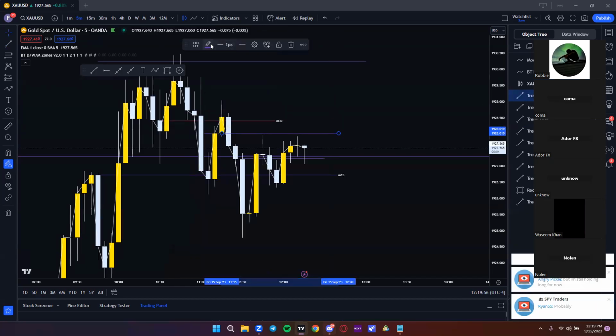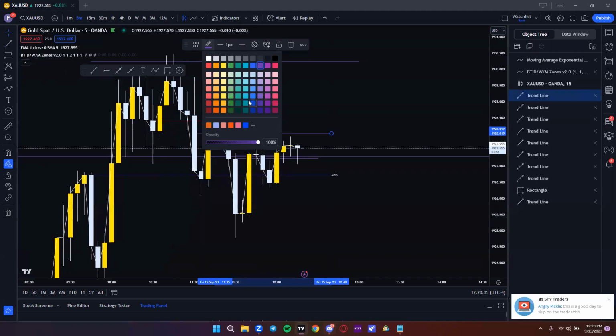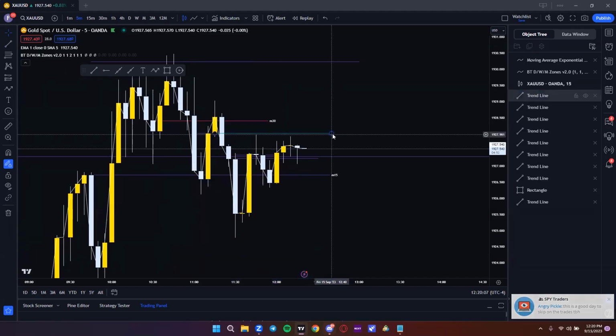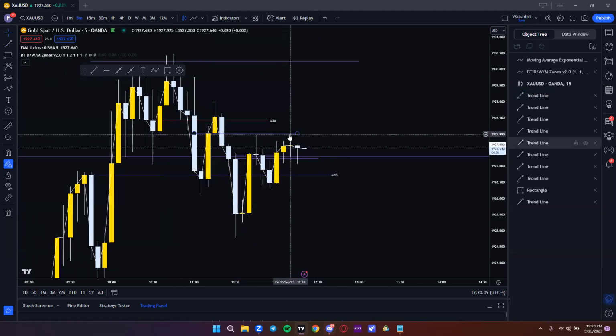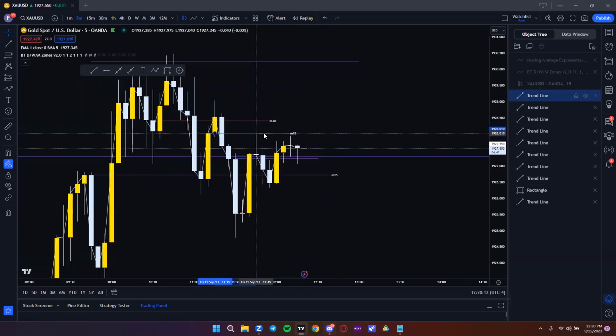Let me see, I don't really use M5 like that. Let's just use teal. So you've got M15 here and M5 right here.